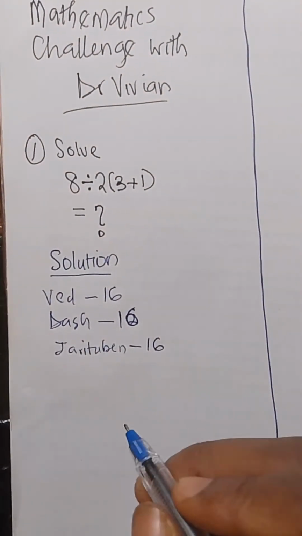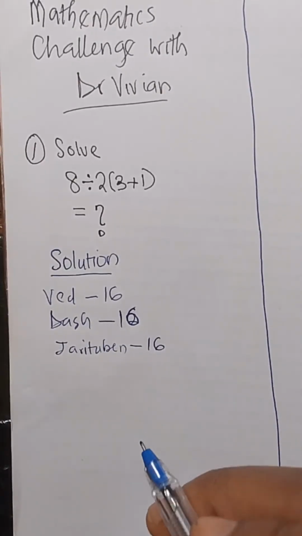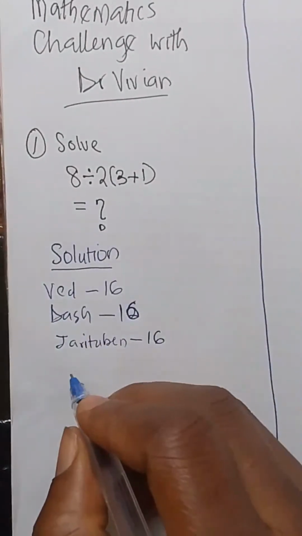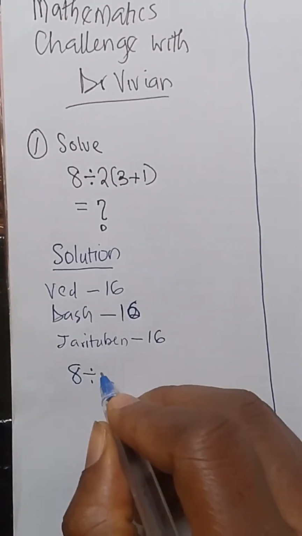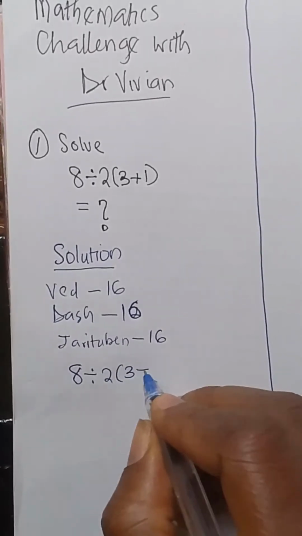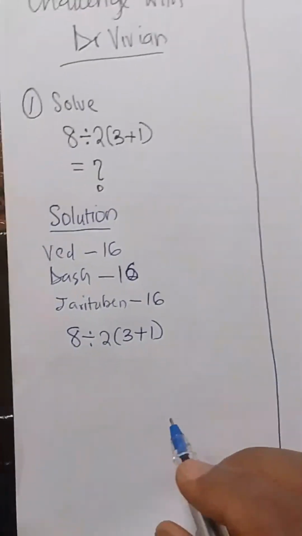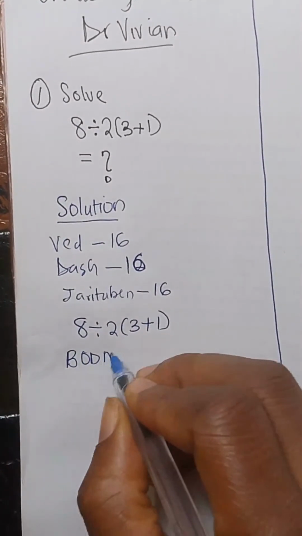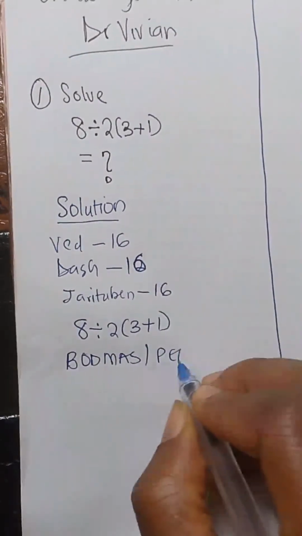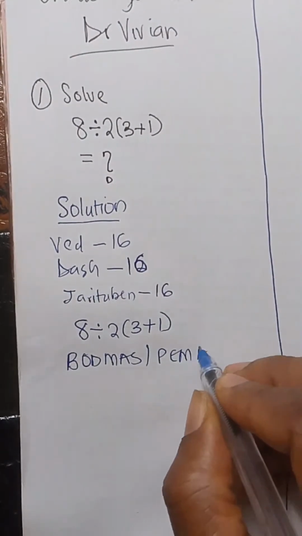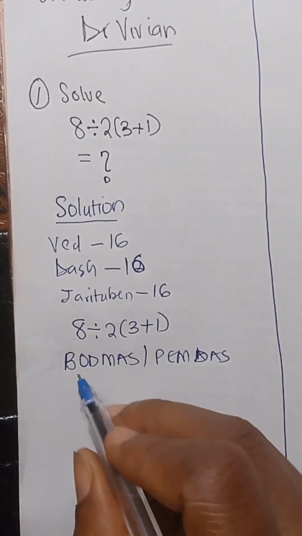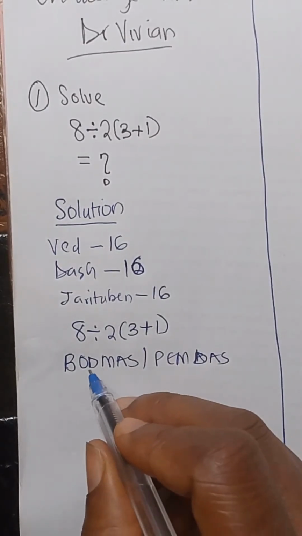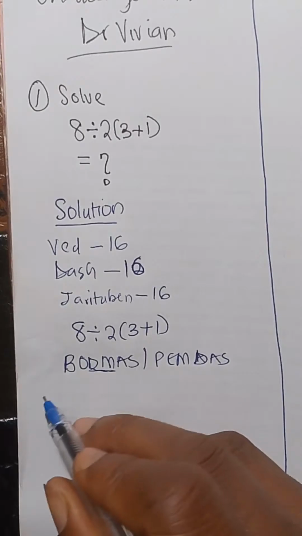So let me solve this because this question has stayed for a long time. We solve this, we'll put another one immediately. Okay, so the question is 8 divided by 2 bracket 3 plus 1. Now to solve this question, we use BODMAS. Some people call it BODMAS and some call it PEMDAS. B stands for bracket, O stands for order, D for division, M for multiplication, but these are on the same level. You apply the one that comes first from left to right.